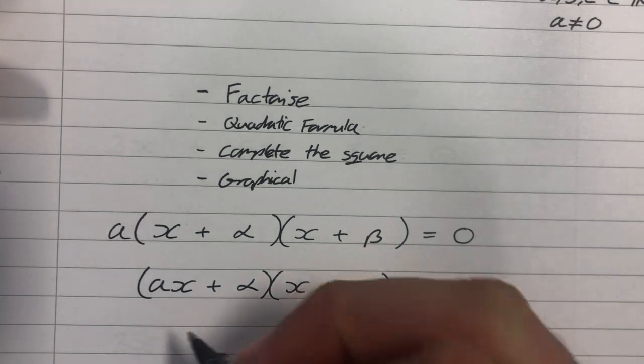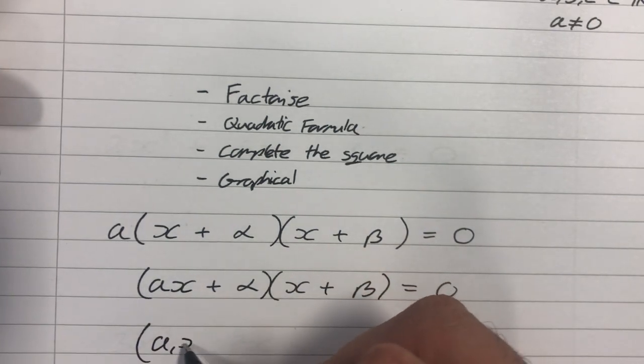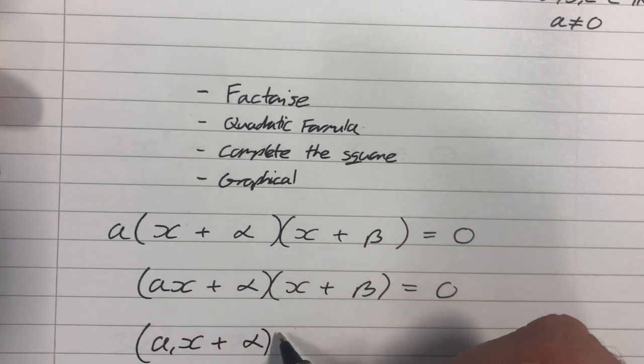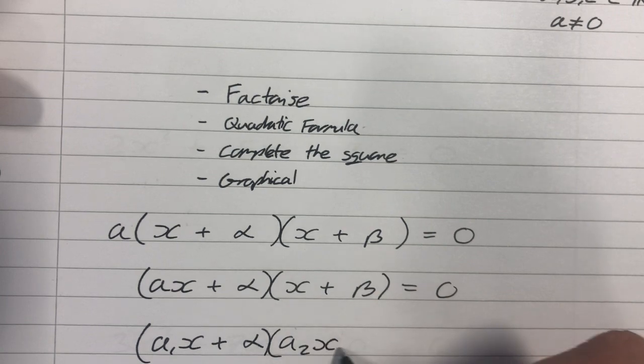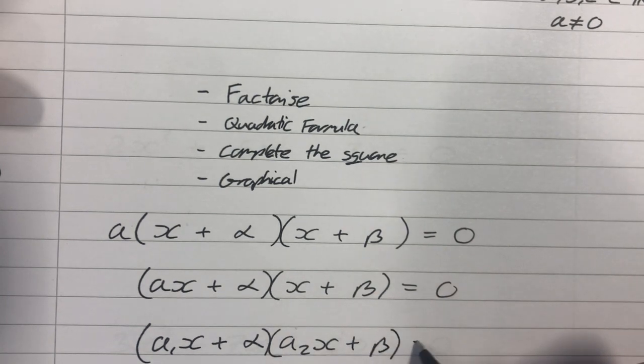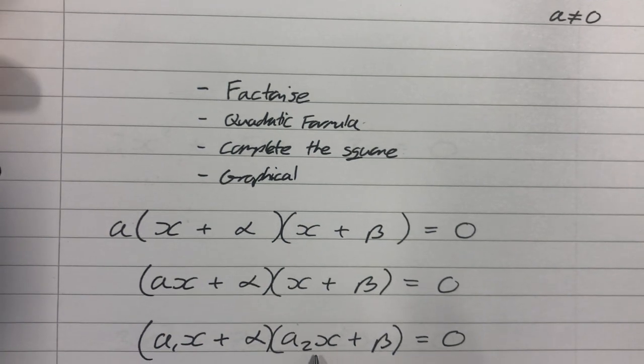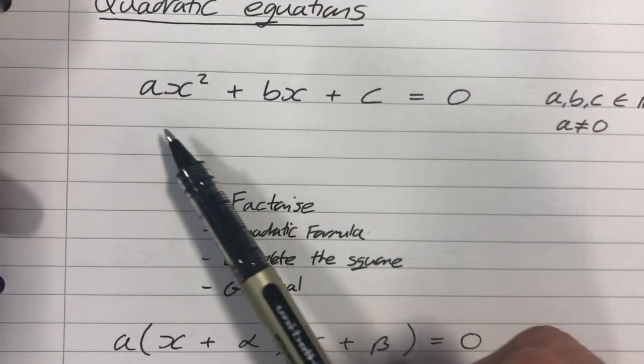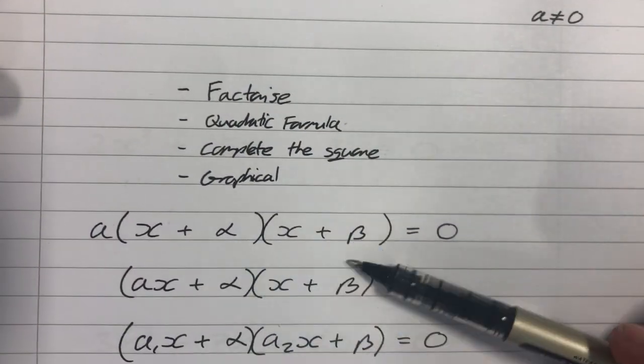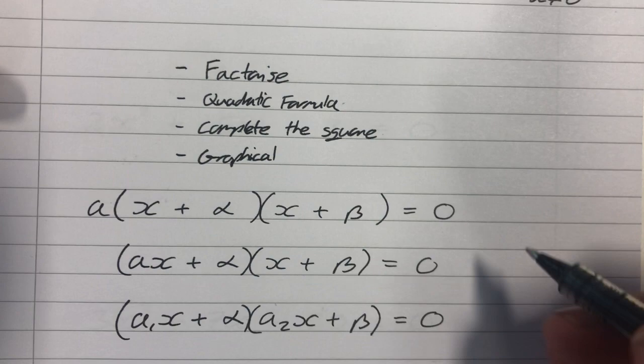Or we may even have two different numbers altogether. Let's call it A1 and A2, such that the product of these two numbers, A1 and A2, equals A, so that the coefficient of x squared is still A. So the idea is to get it from this form into perhaps one of these forms.